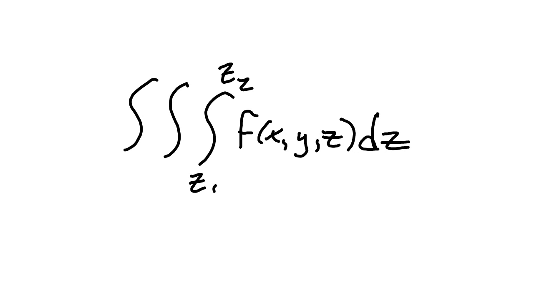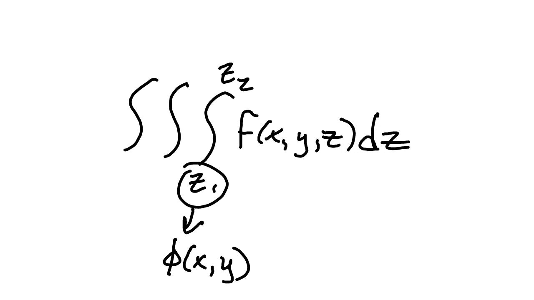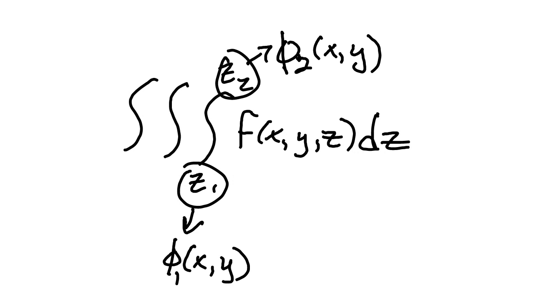You got to think about that. z1 is a function, right, of two variables. They use different symbols, but we might call it phi of xy. So phi 1 of xy, and this might be phi 2 of xy. So z is defined in terms of x and y.